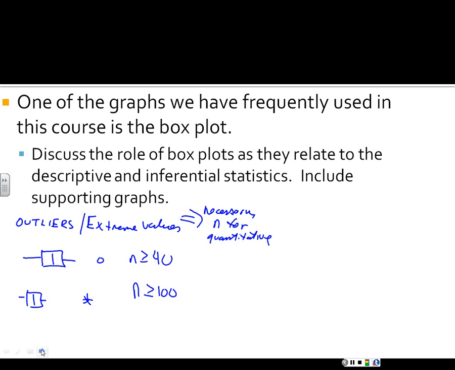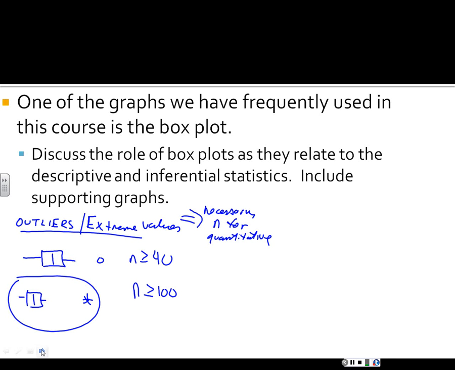So that's one of the ways we've used it, is to identify outliers and extreme values, not just because of the N for quantitative. It may be that those are data that has been entered incorrectly. It may be that they're the most interesting items in the thing. If this was productivity, I might be more interested in that extreme value than anybody else in the place. I want to know why they're able to produce more.